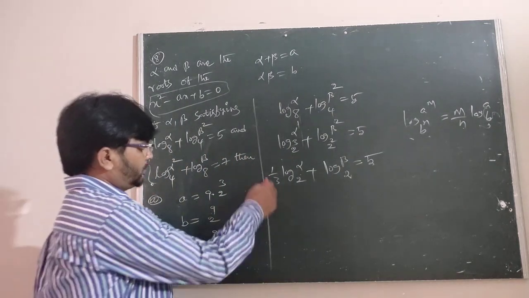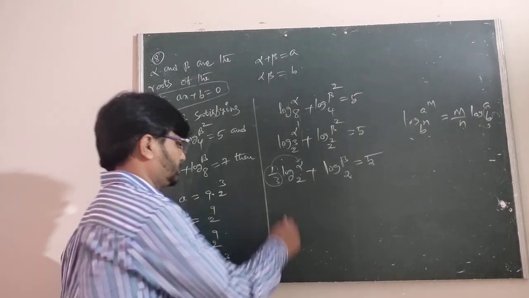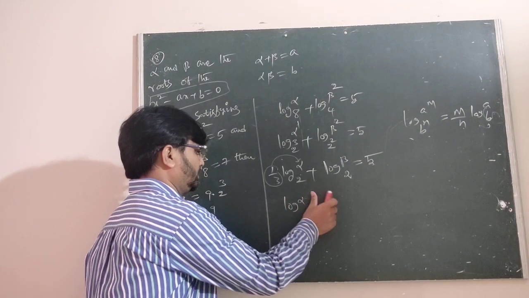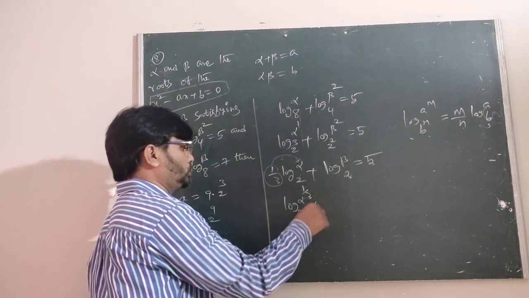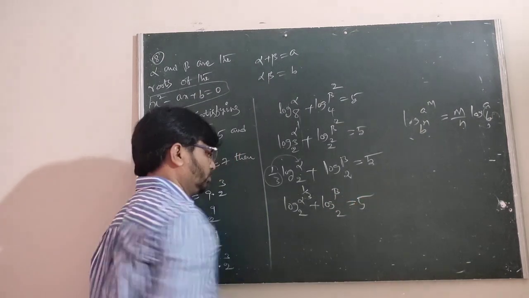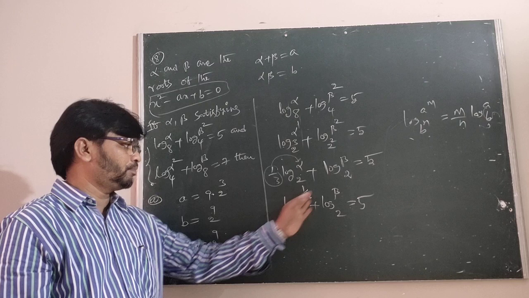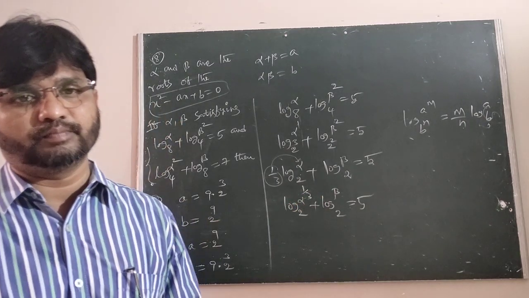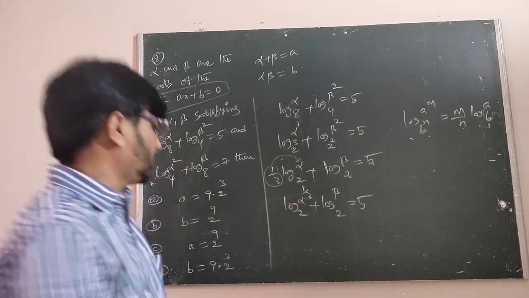Now log a power m is m log a. So this can be written as log alpha power 1 by 3 base 2 plus log beta base 2 equal to 5. We know that if the bases are equal, log a plus log b is the log of ab.